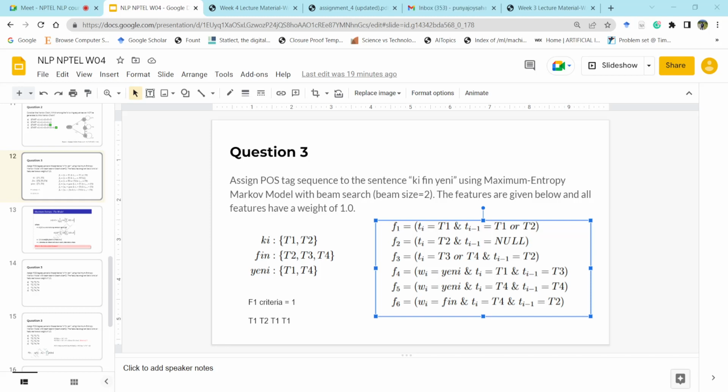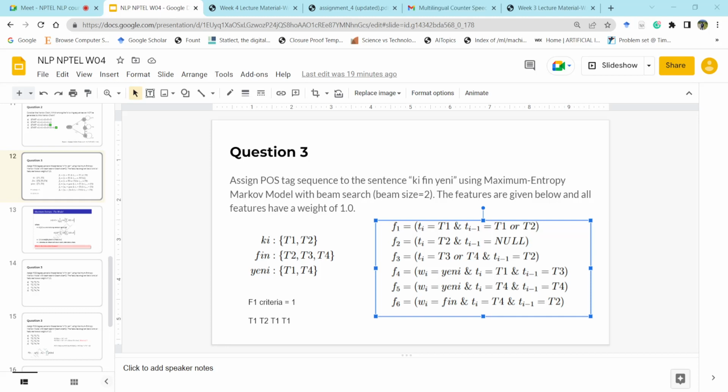Now, by the Markov model, what do we know? Every word is dependent on one postag.